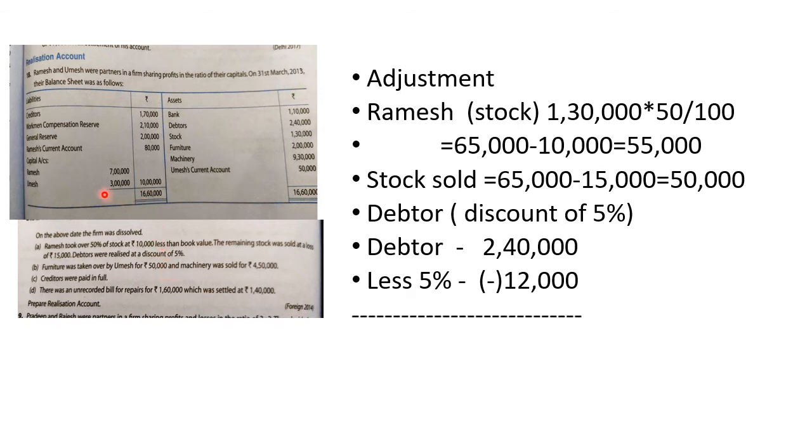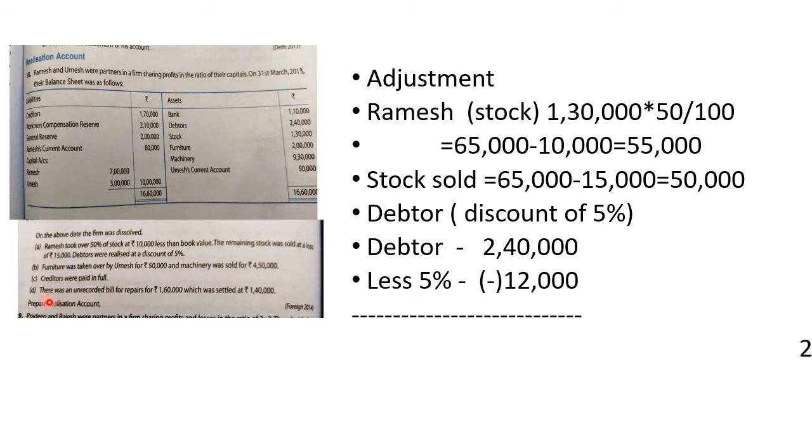Since they are maintaining the current account, all the adjustment will be recorded in current account. Then machinery was sold for rupees 4,50,000. Here sale of asset will be recorded as by cash. Then creditors were paid in full. Liability paid off is recorded in debit side by writing to cash.